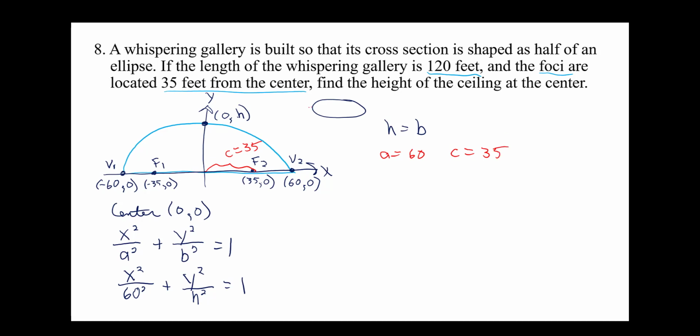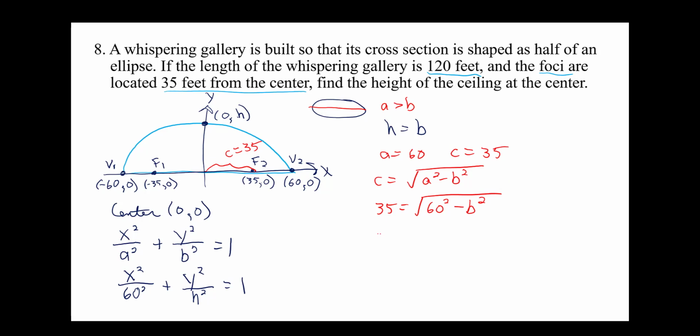We can see that our major axis goes in the horizontal direction, which tells us that a is going to be bigger than b. And so if a is bigger than b, well, I can use c equals the square root of a squared minus b squared, or 35 equals the square root of 60 squared minus b squared. Let's just solve for b, and we've got our height.